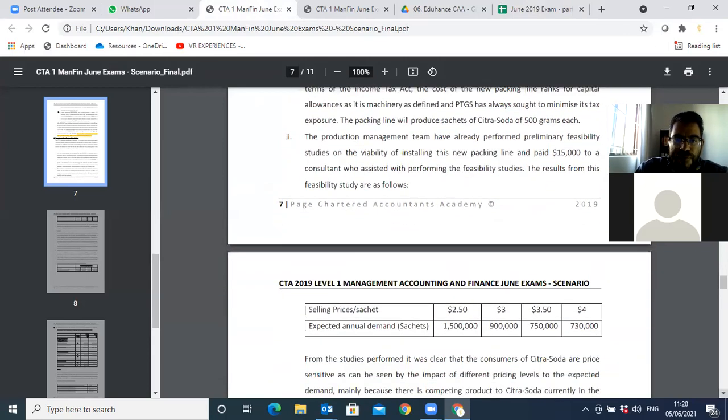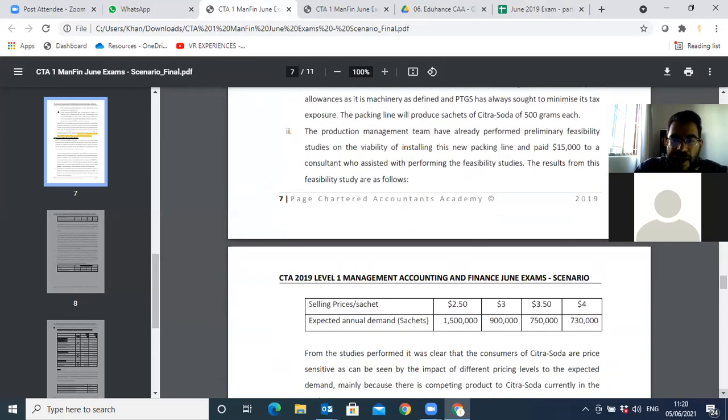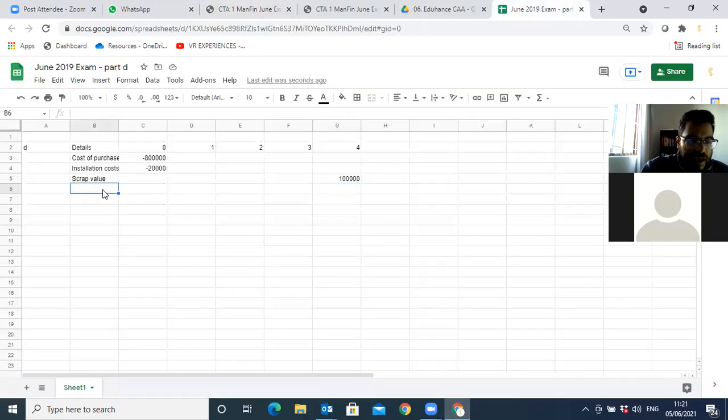Number 2, the production management team have already performed preliminary feasibility studies on the viability of installing this new machine line and paid $15,000. So that's a feasibility cost. It was already incurred, so we're going to put in 0.